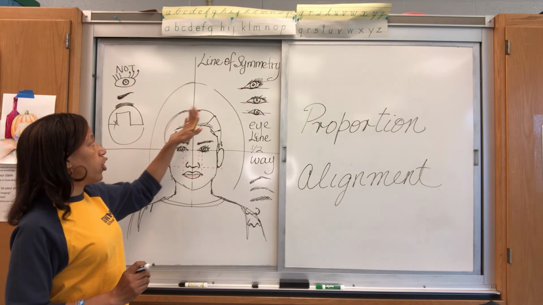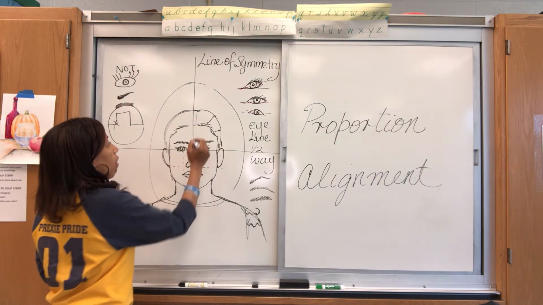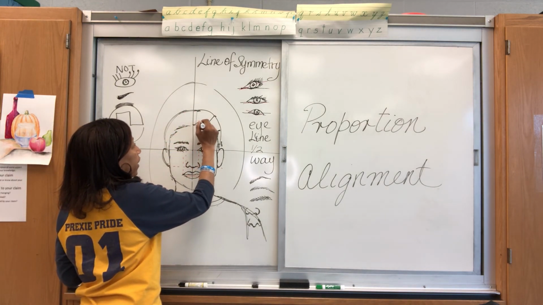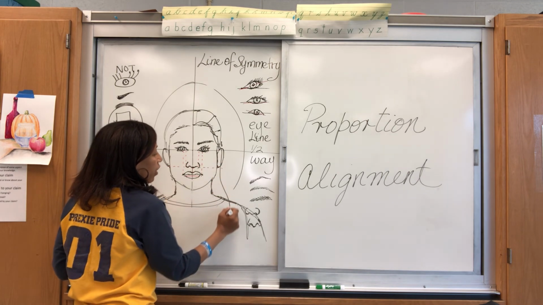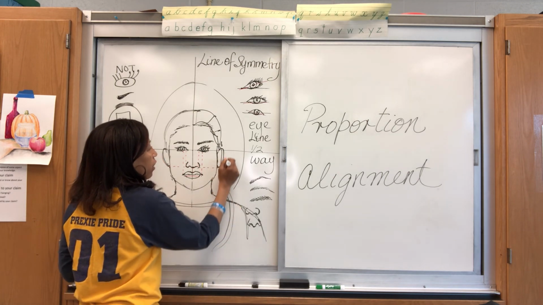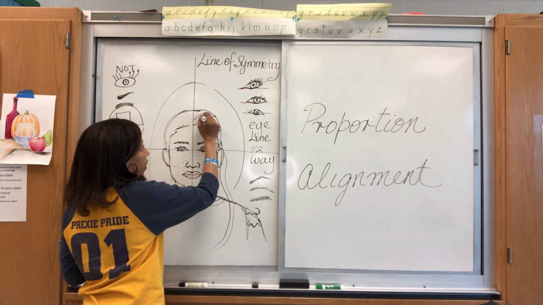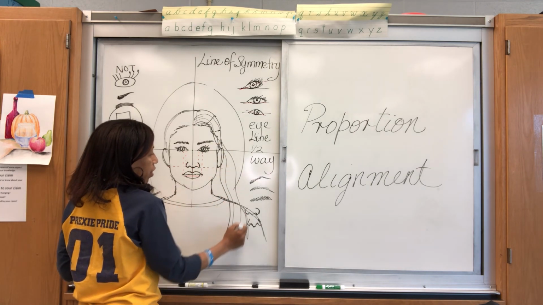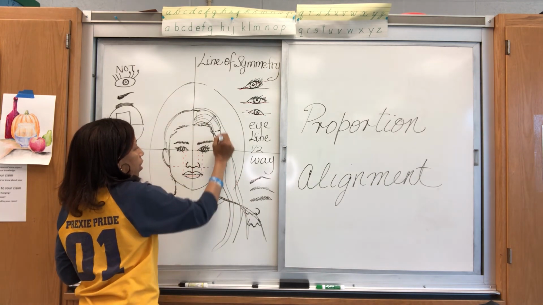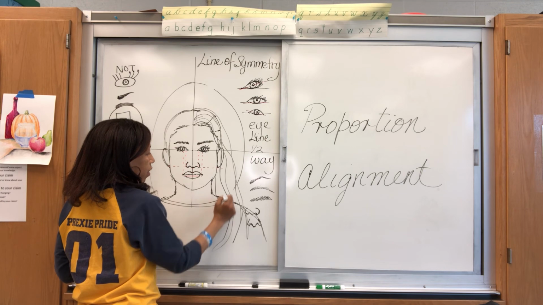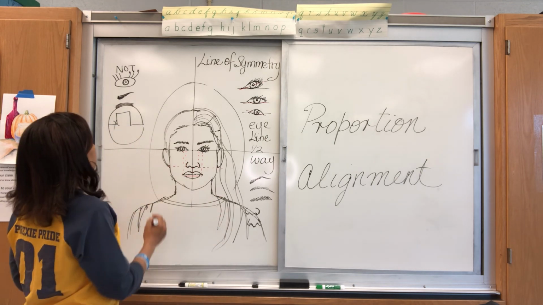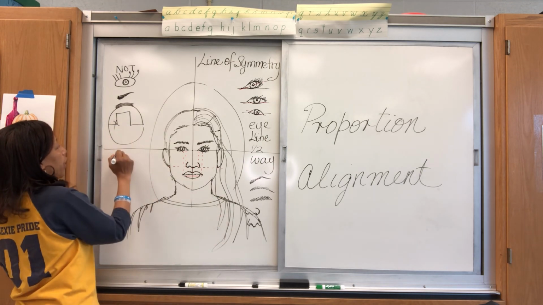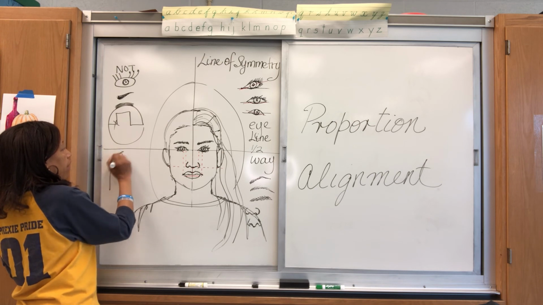If you have long, straight hair, your hair begins here and extends with a nice contour line to show the length of the hair. Straight hair. What you're not going to do is this kind of hair.